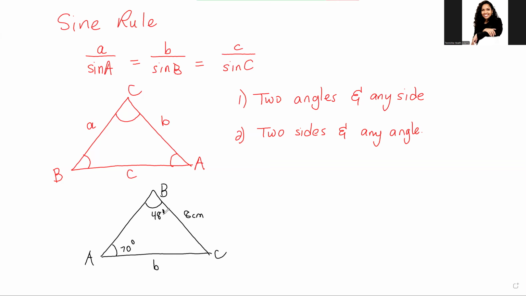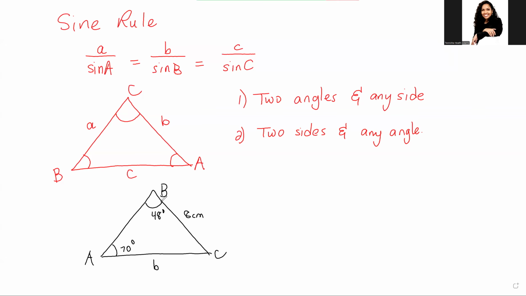So if I have to find side b, that's the side that is opposite angle B, which is 48 degrees. Now, in order to find side b, I have to use a variation of the rule that includes b over sine B. I would use a over sine A is equal to b over sine B because in my triangle, I am given angle A and side a, and I have angle B and I need to find side b.